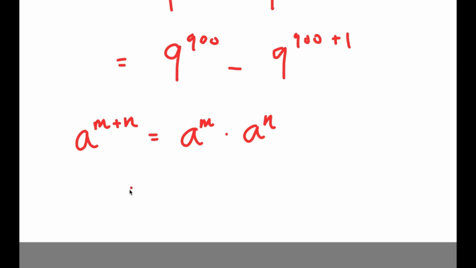So I get 9 to the power of 900 minus 9 to the power of 900 times 9 to the power of 1. Now from here, these two terms have the number 9 to the power of 900 in them.